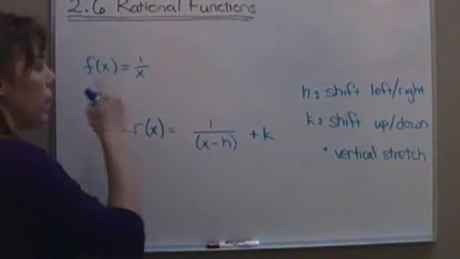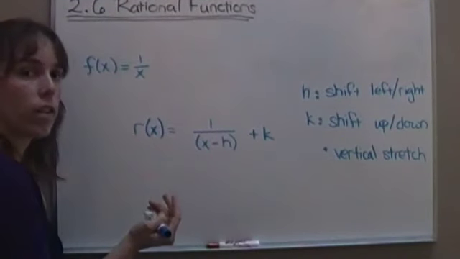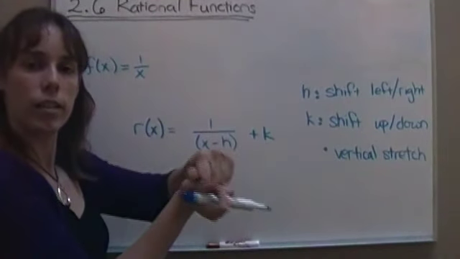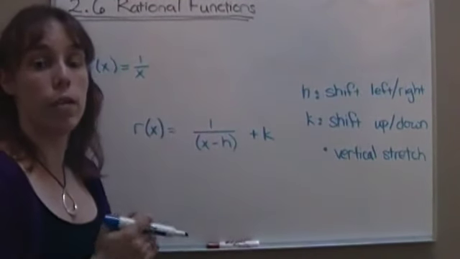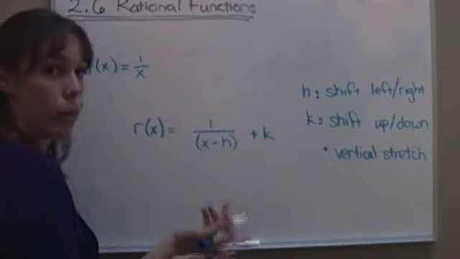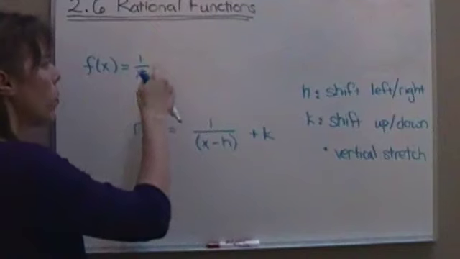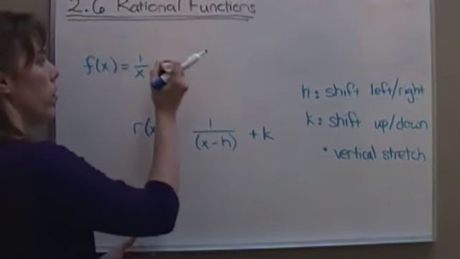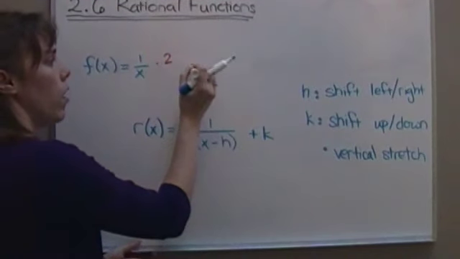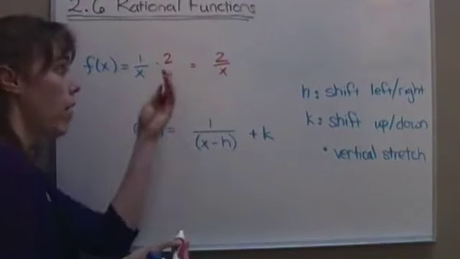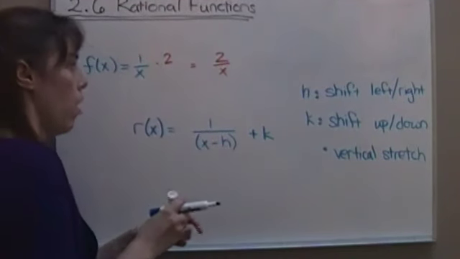So what would happen if I took this function and wanted to stretch it? If I wanted to double it somehow, stretch all my y values by a factor of 2. All I would have to do is what? Multiply by 2, right? If I multiply this by 2, I get 2 over x.